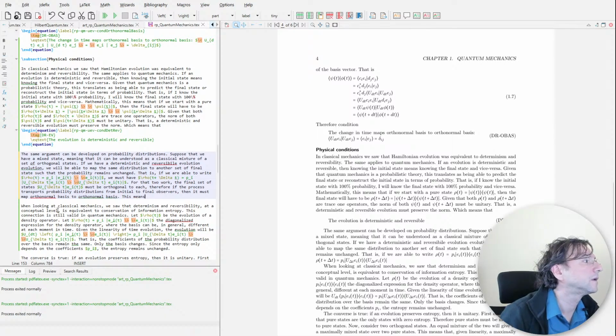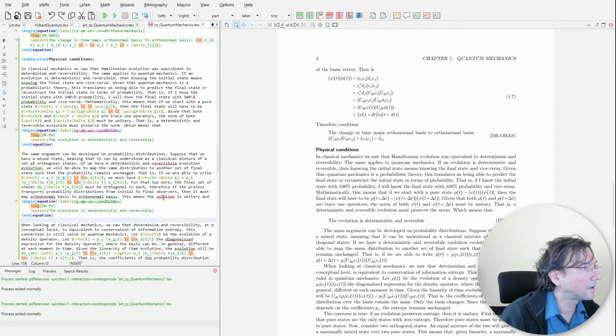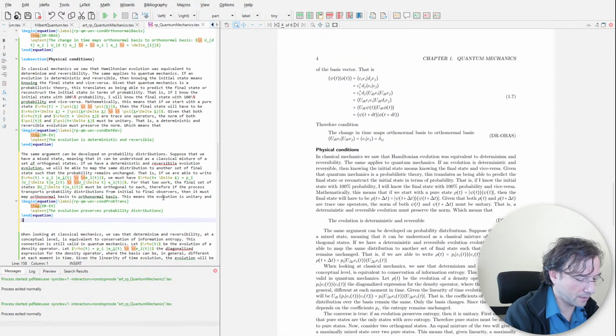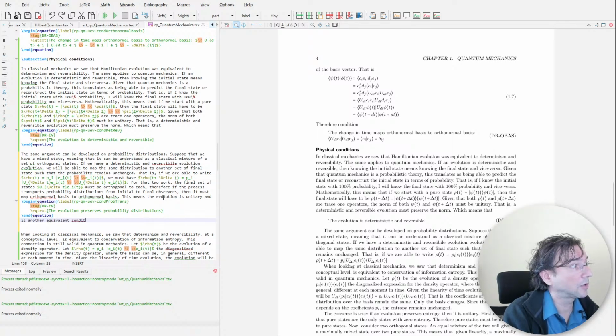This means the evolution is unitary, and the evolution that preserves probability distributions is another physical, another equivalent condition.